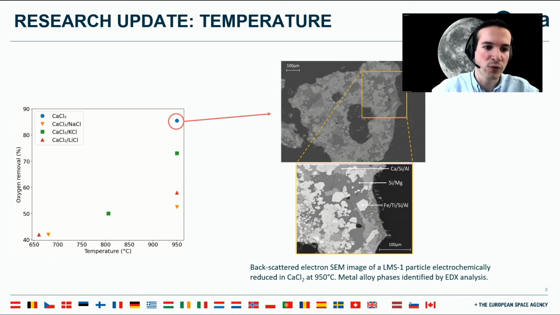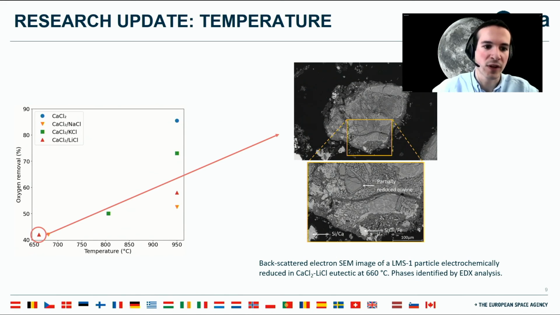One important point to raise as well is that when you get to something which is less reduced, it's really hard to understand exactly what happens, mainly because with scanning electron microscopy and energy dispersive X-ray, you don't see well what happens. So here we could identify a partially reduced olivine, but this is one point on top of a big grain.